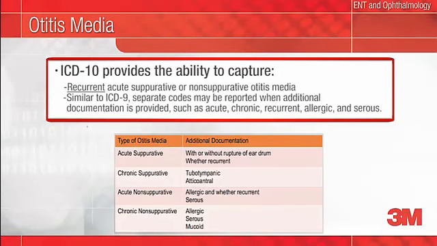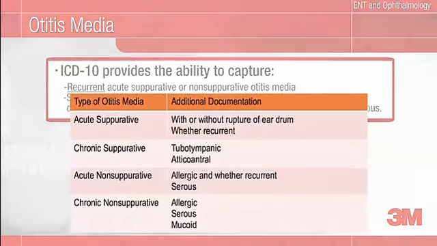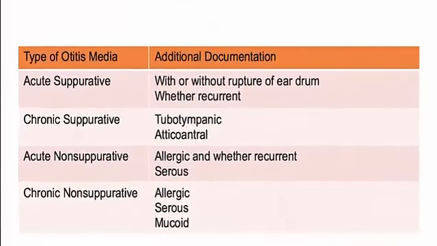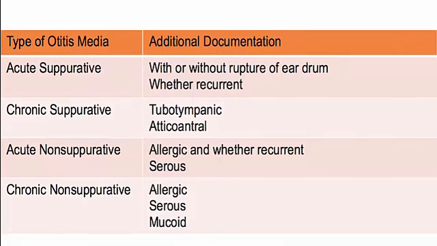New to ICD-10 is the ability to capture recurrence in acute suppurative otitis media and acute non-suppurative otitis media. Take a few minutes to review on screen the types of otitis media that are separately identified in ICD-10 and the additional documentation for each that, when provided, will result in the reporting of an accurate description of the condition you are treating.